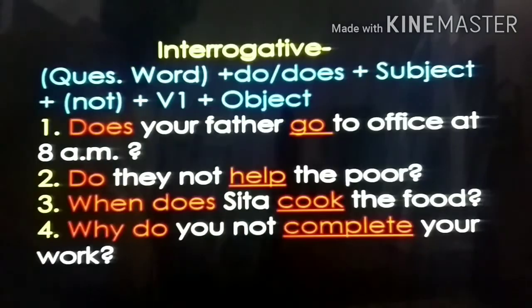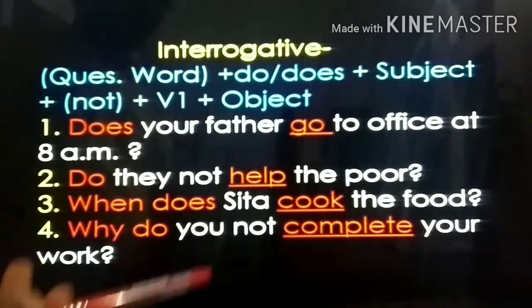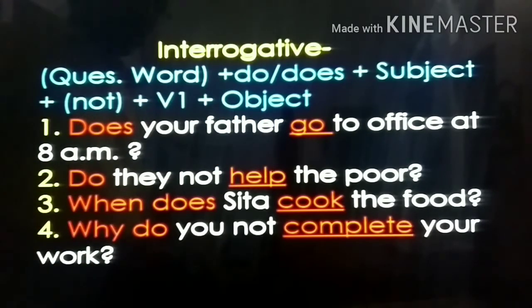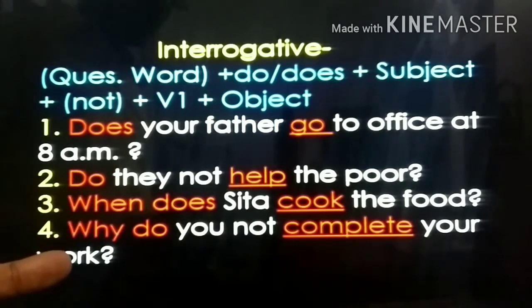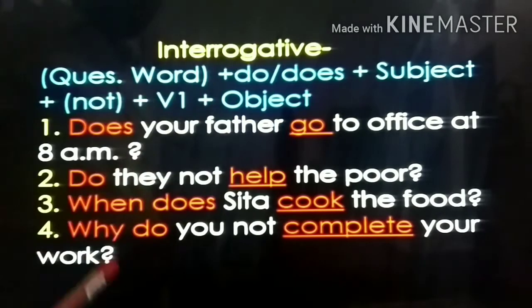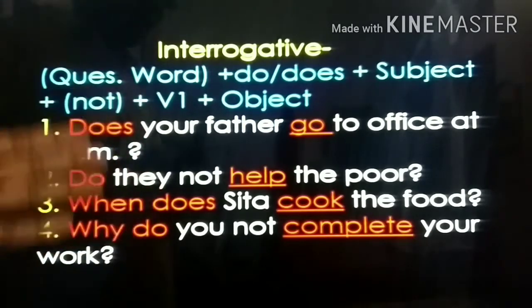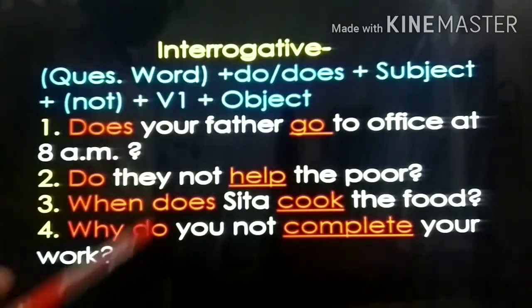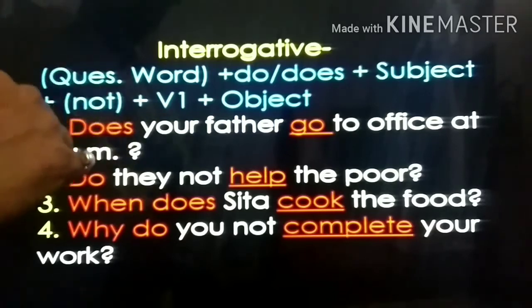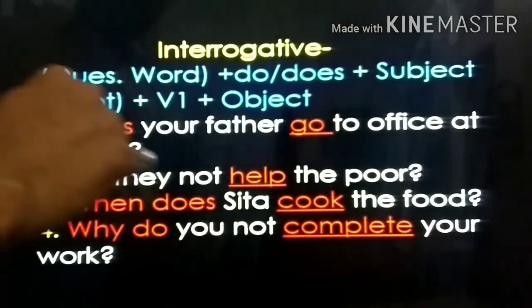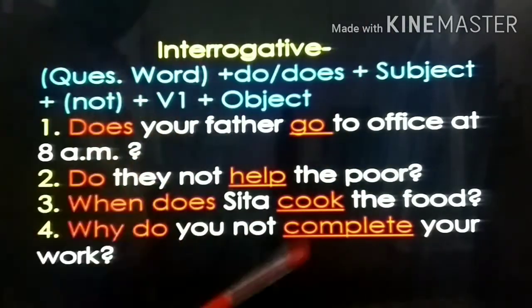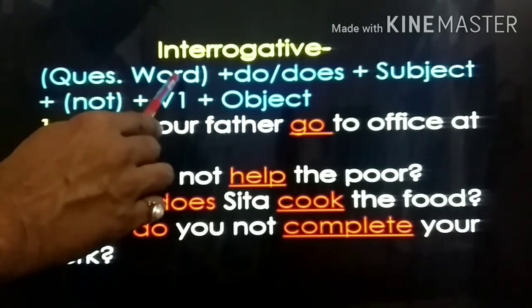Now next part, interrogative. There are many types of interrogative sentences. Some sentences start using do or does. Some sentences are interrogative with negative type. Now this is the rule common for all types of sentences. First of all, question word.